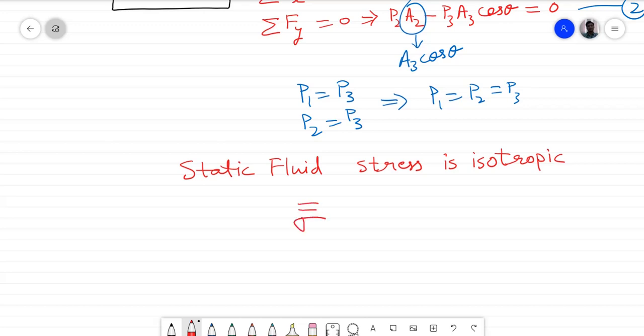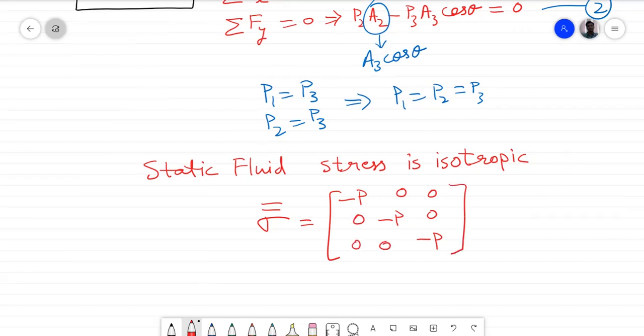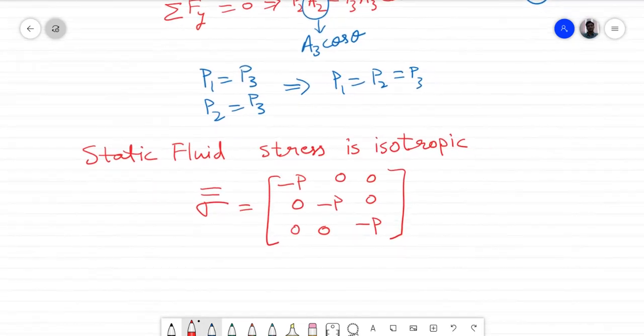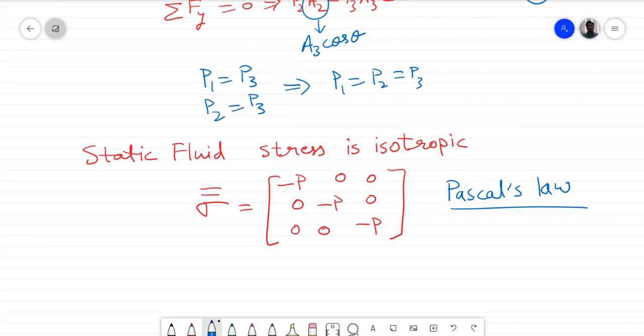Therefore we can write that sigma looks like this. This is known as Pascal's law. All right.